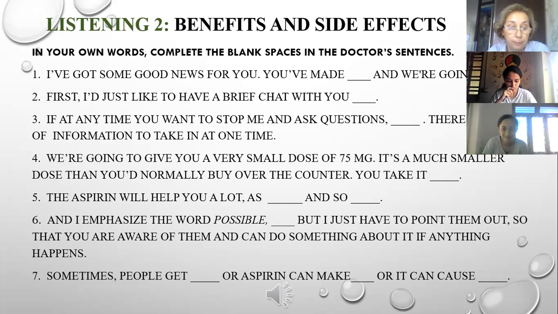Sometimes people get... We speak about aspirin. This is the sentence about side effects. So what can happen to people if allergies? Allergies, yes. And aspirin can make irritable.